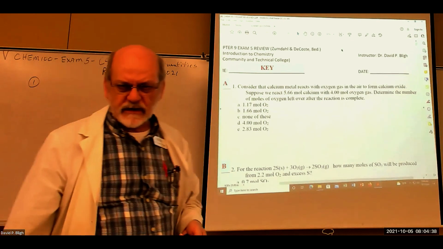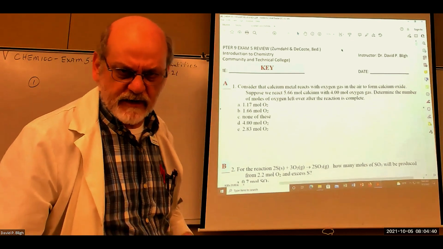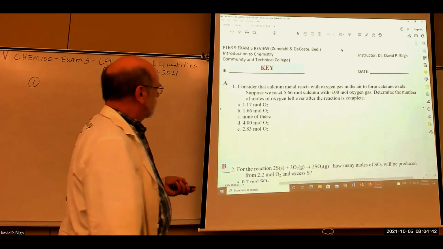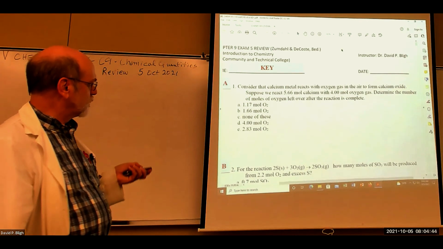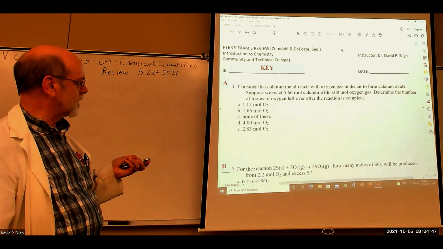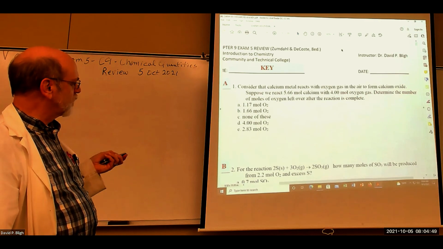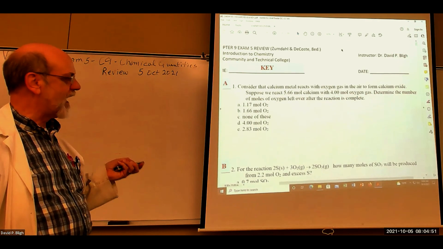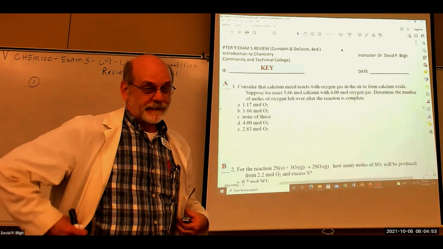Because I have trouble seeing it on the video when I process the things. 5.66 moles of calcium and 4 moles of oxygen gas. Determine the number of moles of oxygen left over after the reaction is complete.